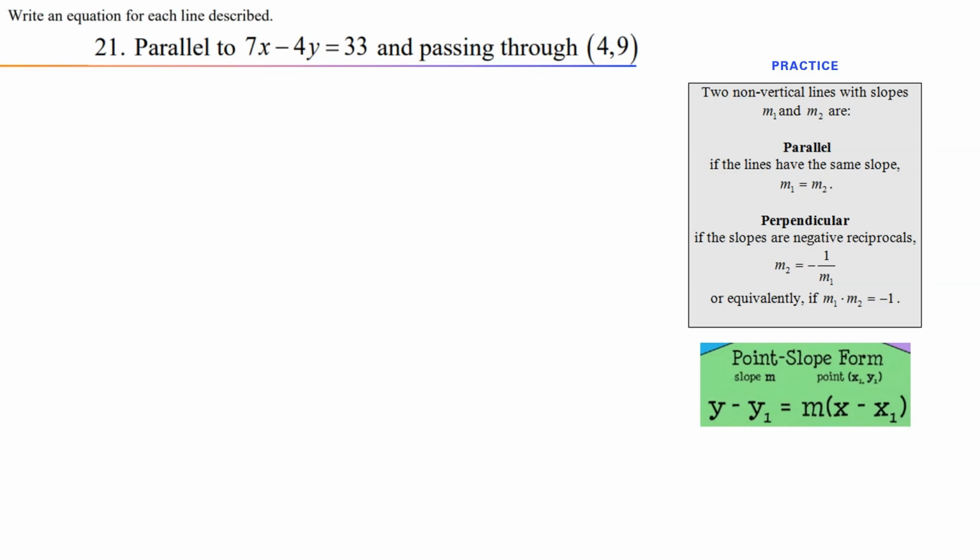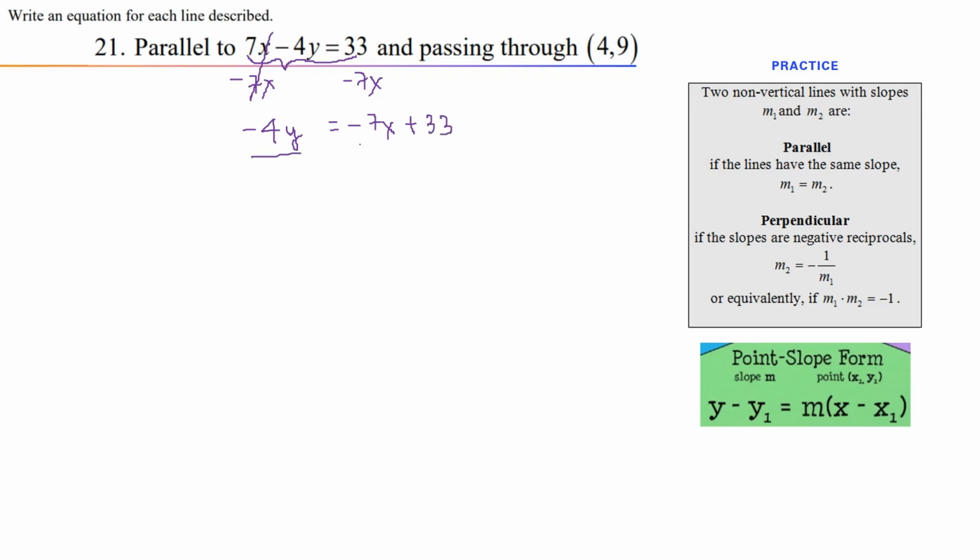Number 21, this case is parallel, but this is not in the slope-intercept form, right? So we have to solve for y first to see what is the equation for this one. So we subtract 7x both sides. What we have will be negative 4y equals minus 7x plus 33.